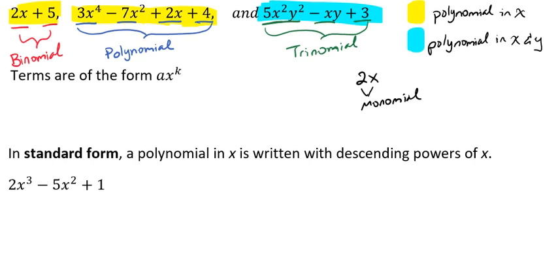These terms are all written in the form ax raised to the k, where our a is what we call our coefficient and our k is the degree.